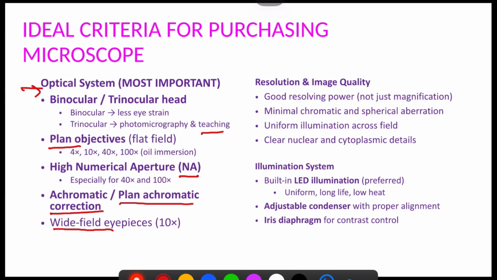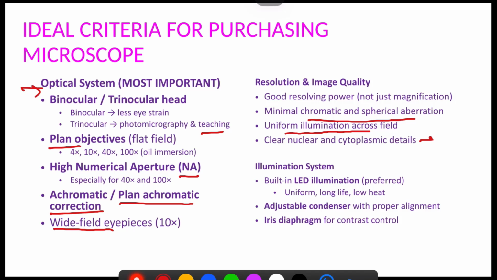For resolution and image quality, good resolving power is important, not just magnification. Minimal chromatic and spherical aberration, in the form of a good condenser. Uniform illumination across the field, and clear nuclear and cytoplasmic detail must be there.